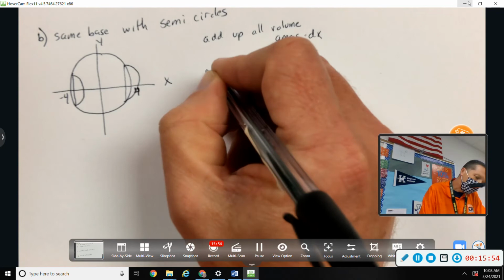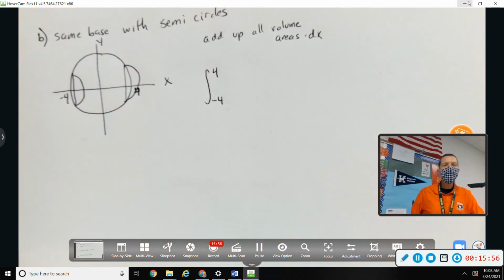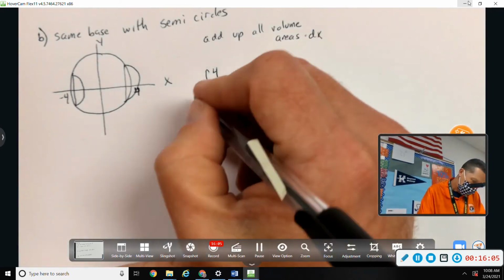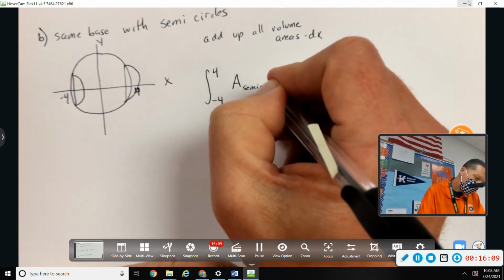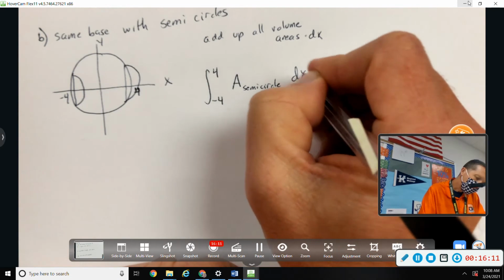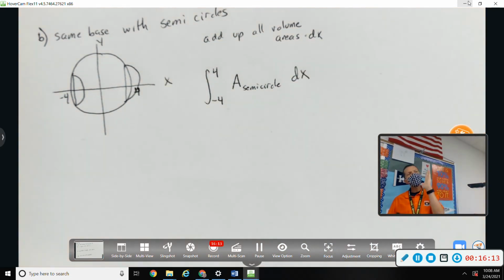So again, we'll go -4 to 4. Although with the symmetry in there, you could go 0 to 4 and multiply by 2, if that's easier. Although in the calculator, it doesn't really matter. So I want to add up all the areas of the semicircle. And we're slicing dx. We're slicing along the x-axis.